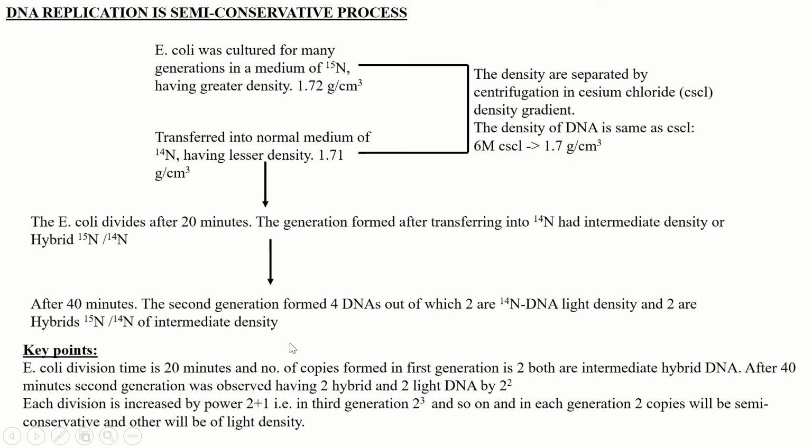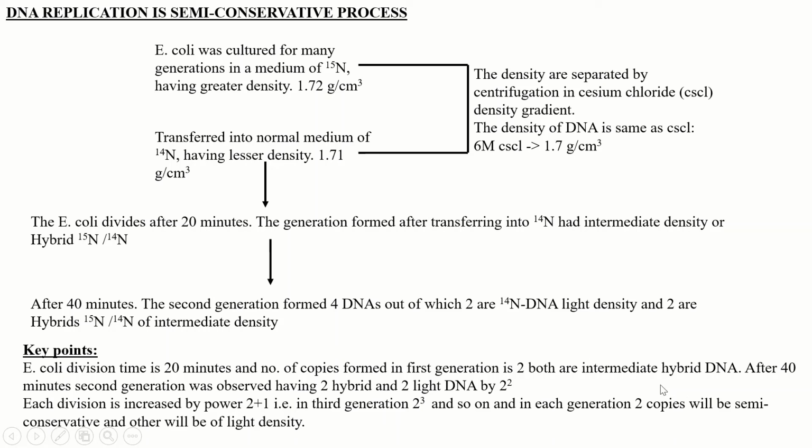having intermediate density. Now the key point to remember here is that E. coli division is 20 minutes and the number of copies formed in the first generation is 2. So what we can see in the first generation is that the number of copies formed are 2 and they are of intermediate density, that is hybrid DNA.